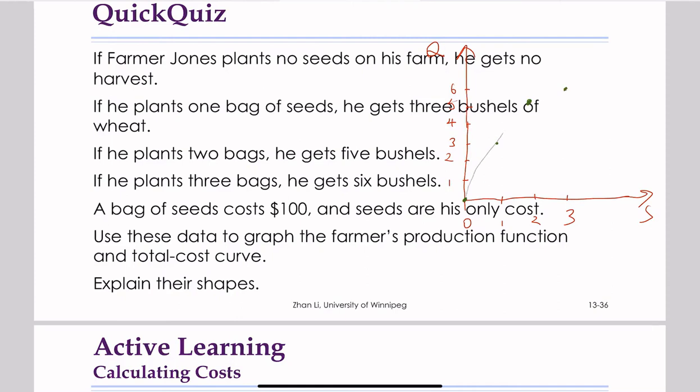So this will give us the production function curve, right? What you can see here is the curve becomes flatter and flatter, right? That is, the slope of the curve decreases as you increase the bags of seeds. So this is exactly the result of diminishing marginal product, right? Okay, now let's draw out the total cost curve.